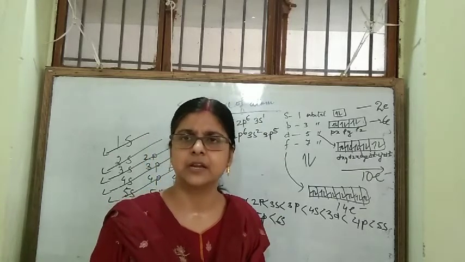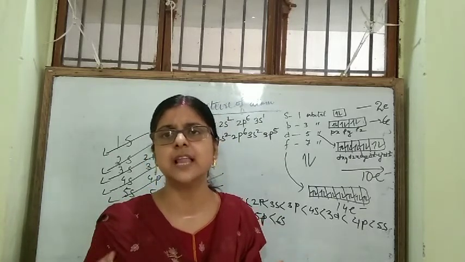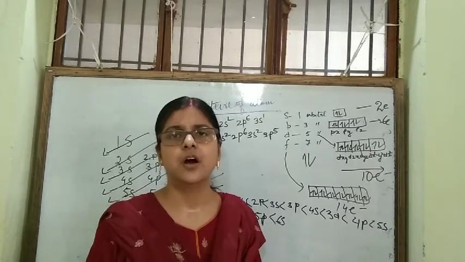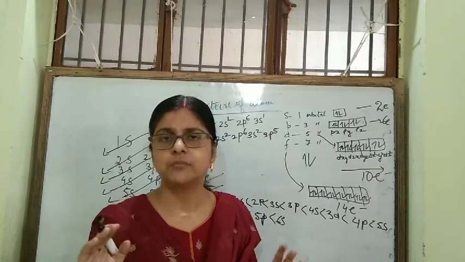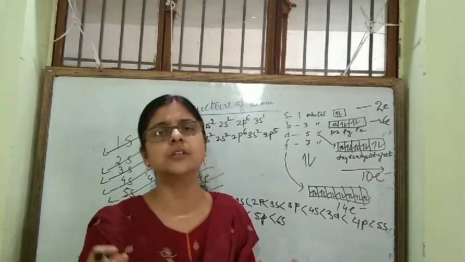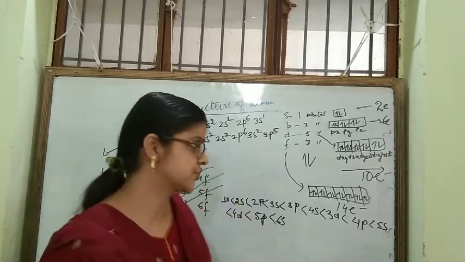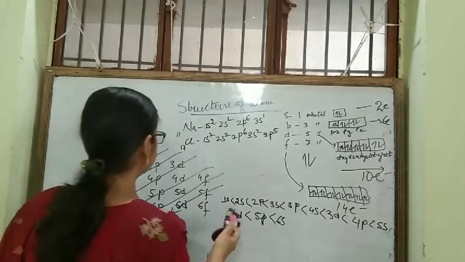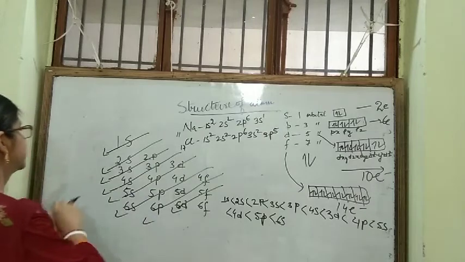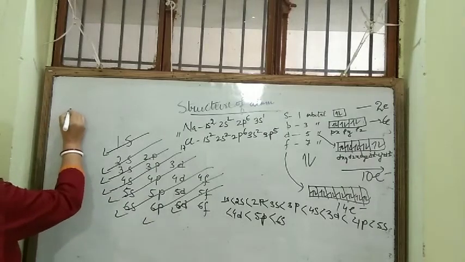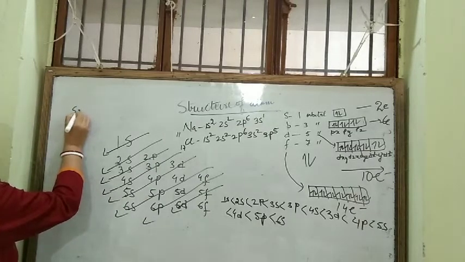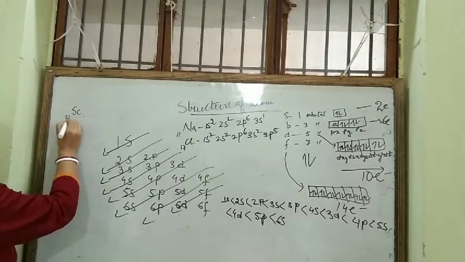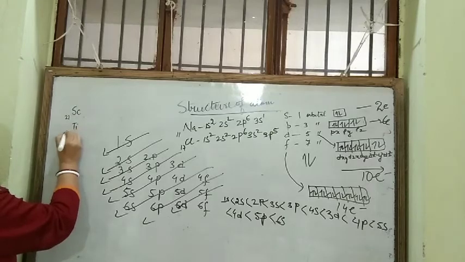Always do remember, frequently in standard 11, electronic configuration of the elements from atomic number 21 to 30 is asked. So, let us discuss the electronic configuration of elements having from atomic number 21 to 30.